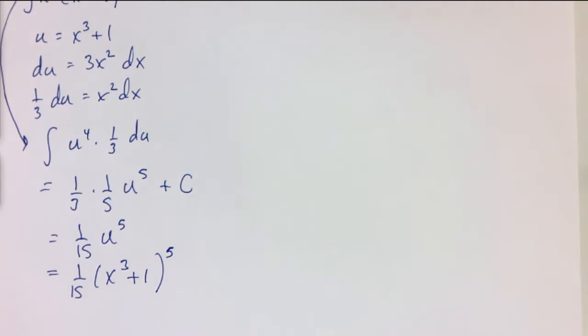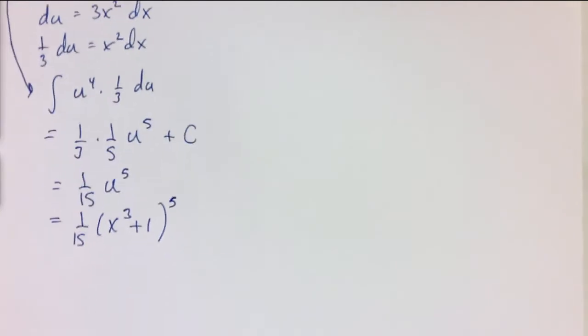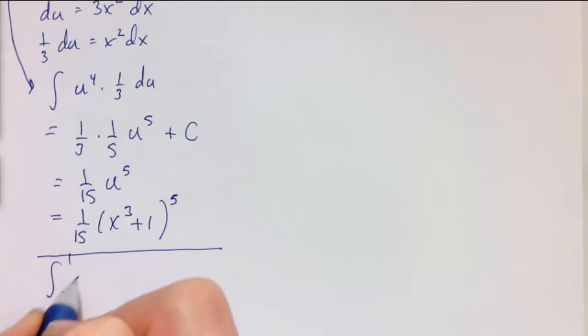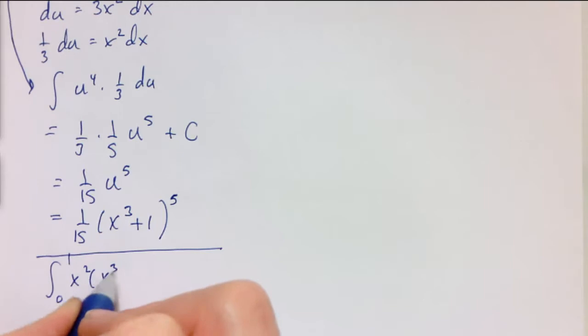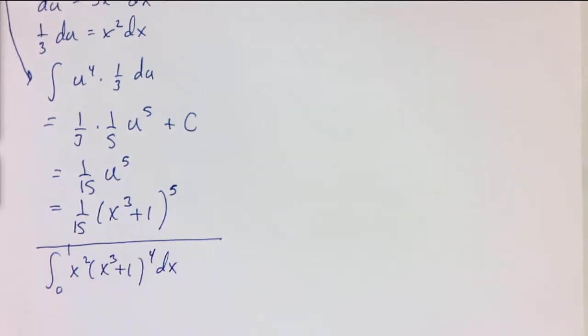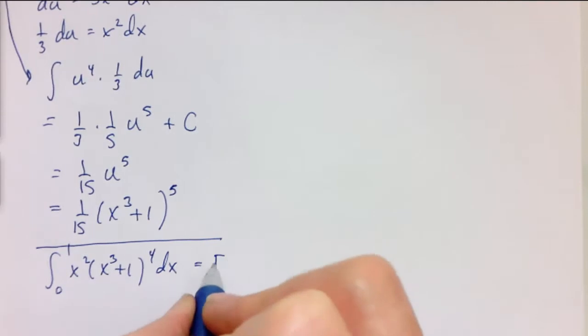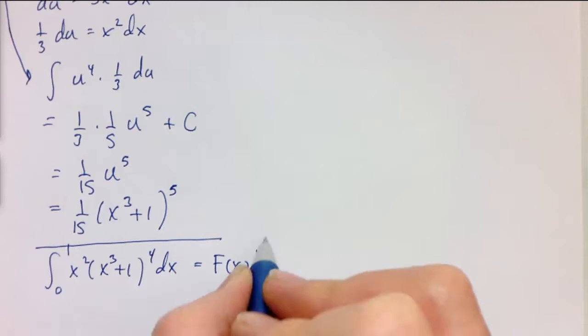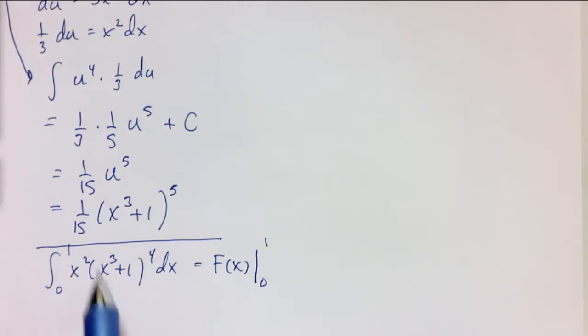Now that I have my antiderivative, I can go and do the definite integral. According to the fundamental theorem of calculus, this is going to be some antiderivative, any one of them will do, evaluated from x equals 0 to x equals 1. And I've worked out using u substitution what an antiderivative looks like.